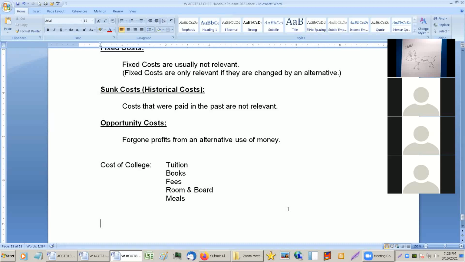So an opportunity cost is another job, or working more at your job.